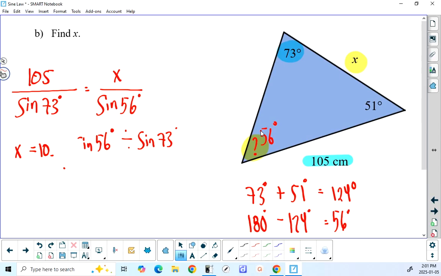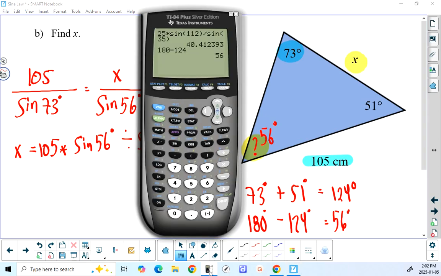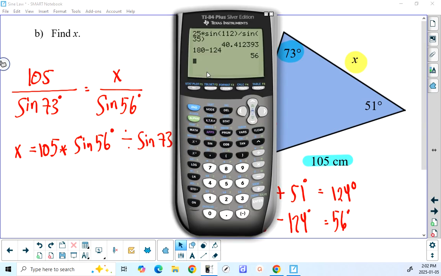That's a multiplication sign. Let me fix that. So 105 times sine of 56 over sine of 73. Let's see what happens here. Remember, depending on your calculator, you may have to close the brackets on that 56.